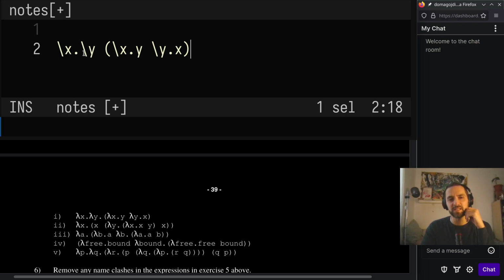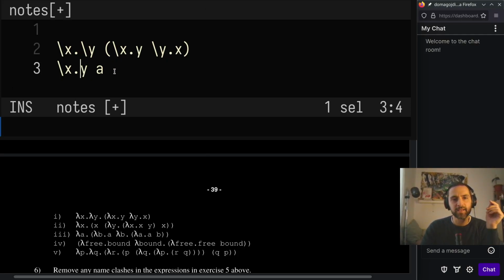So this is the body itself. When you look at it, it's like lambda x dot, let's say you have y and some a. So lambda x dot x. You see this? This is the head, and the x is being applied to x. Of course, this is the self-apply, but I just want to point out something else.